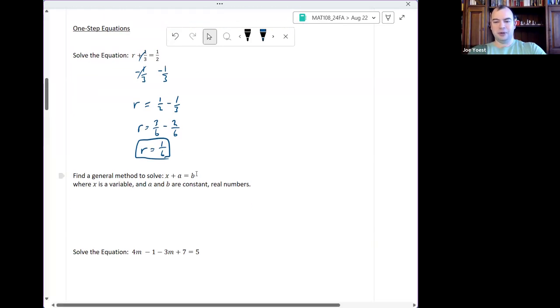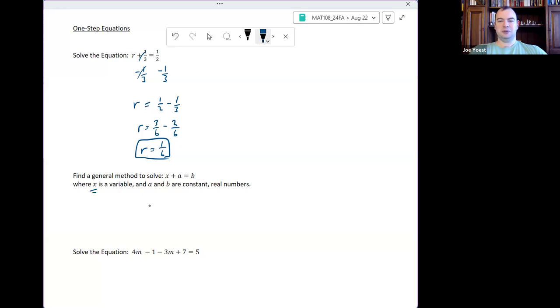So if I have an equation that fits into the mold, say x plus a equals b, where a and b are some numbers, a could even be a negative number. So this might look like x minus 3 equals 2. But here we're thinking of x as the variable that we want to solve for, and a and b are two numbers.